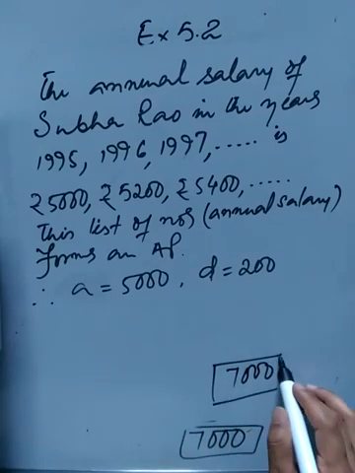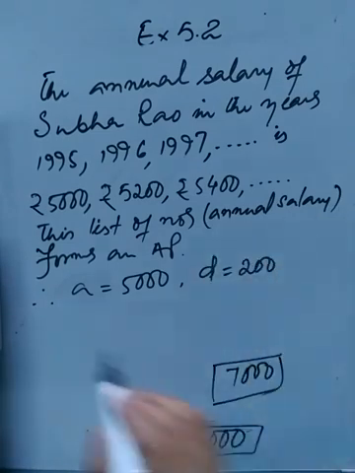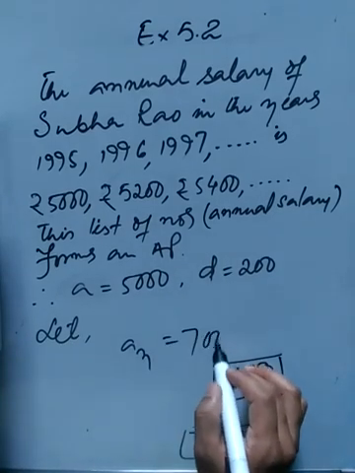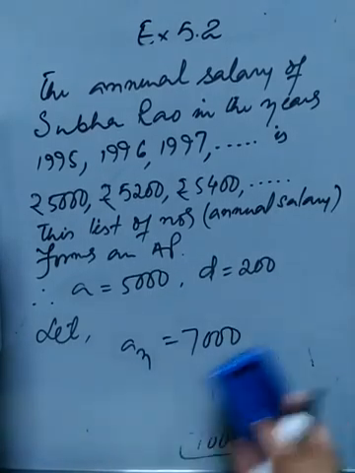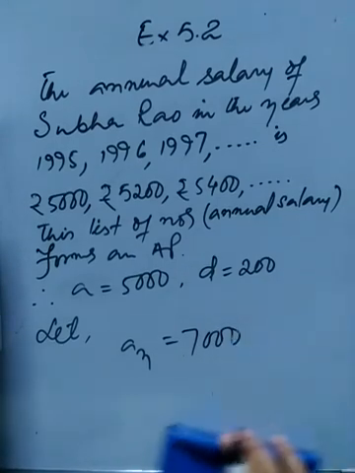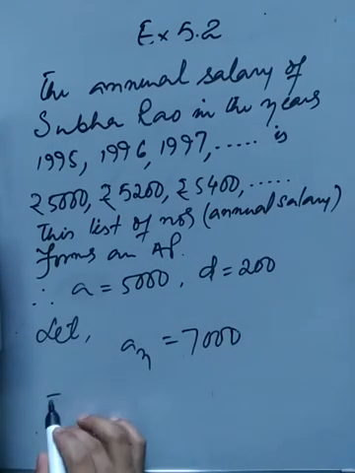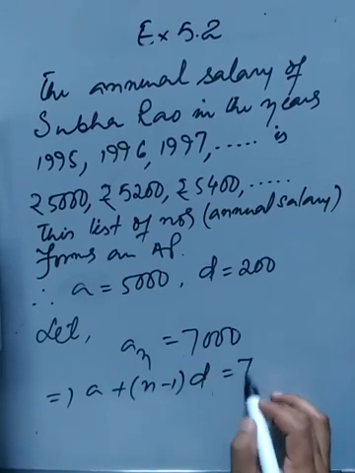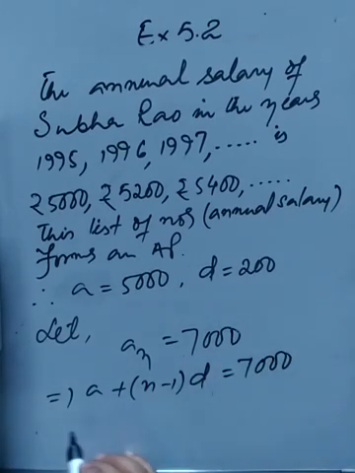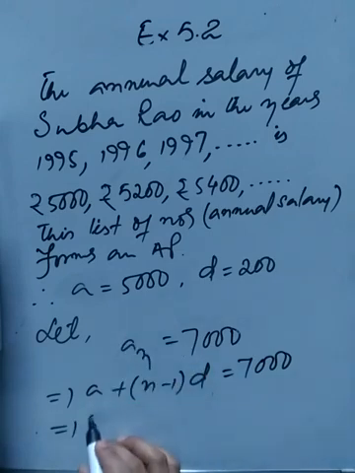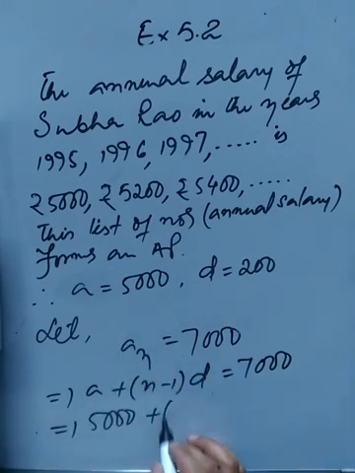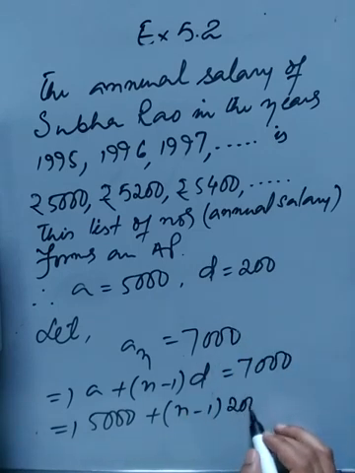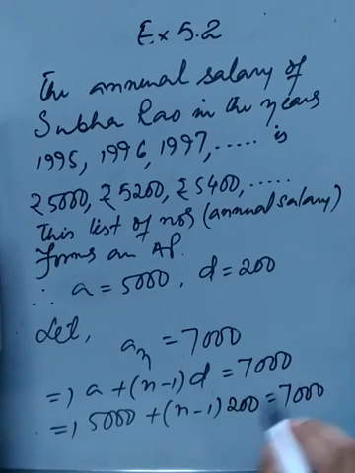So this also will be a term of this AP. So let an be equal to 7,000. So we'll have to apply the formula now. a plus n minus 1 whole d. We get here 7,000. So what is the first term? 5,000 plus n minus 1 whole. What is the value of d? 200. We get here 7,000.